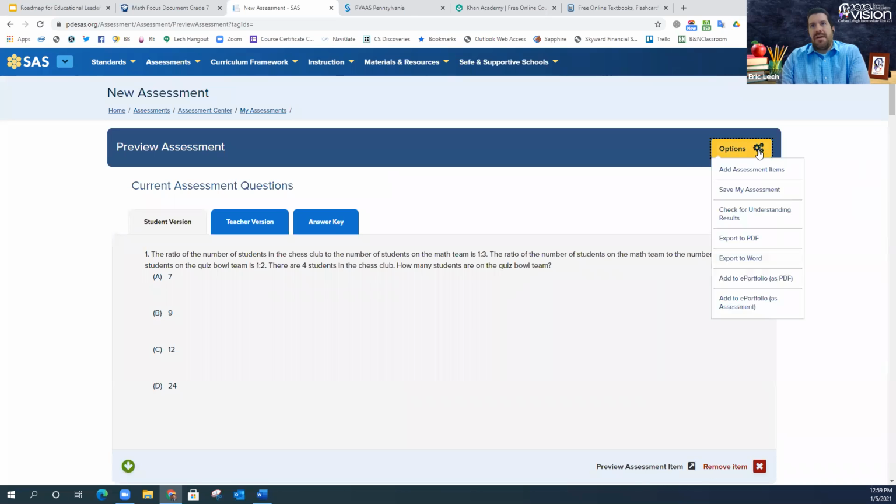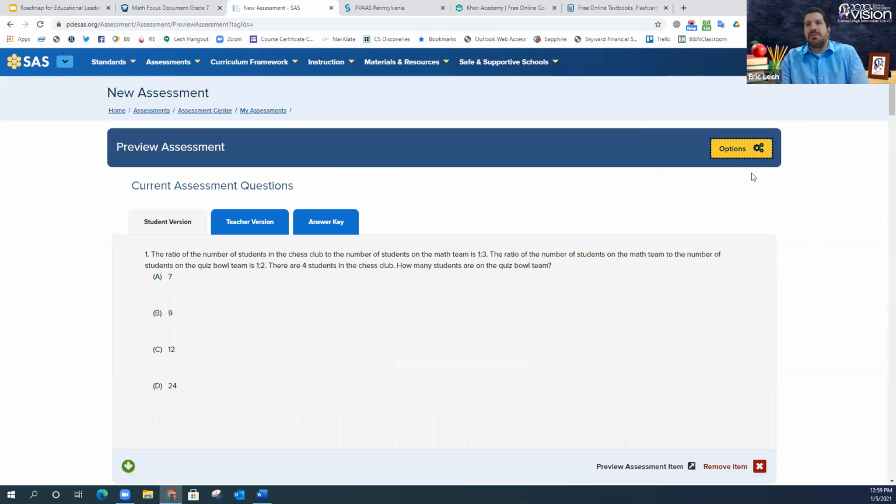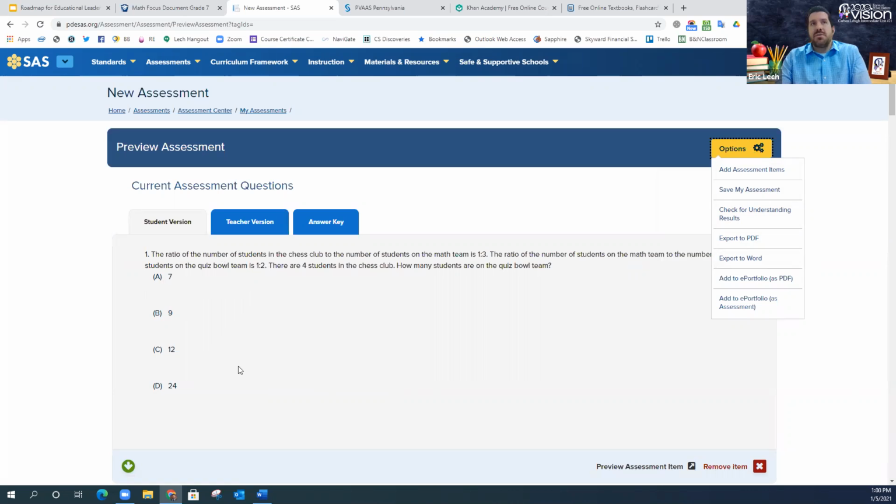And then you'll have the option to save this assessment, which I always suggest that you save it. It'll save within your SAS tools. You can export it as a PDF or as a Word file so that you can then print it and deliver it to students. Maybe you're going to copy and paste the questions and choices into a quiz tool that is part of your learning management system.